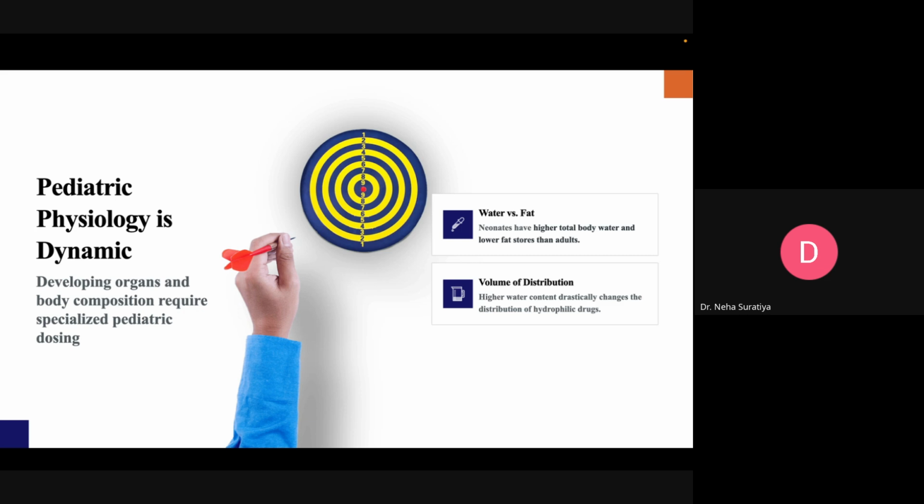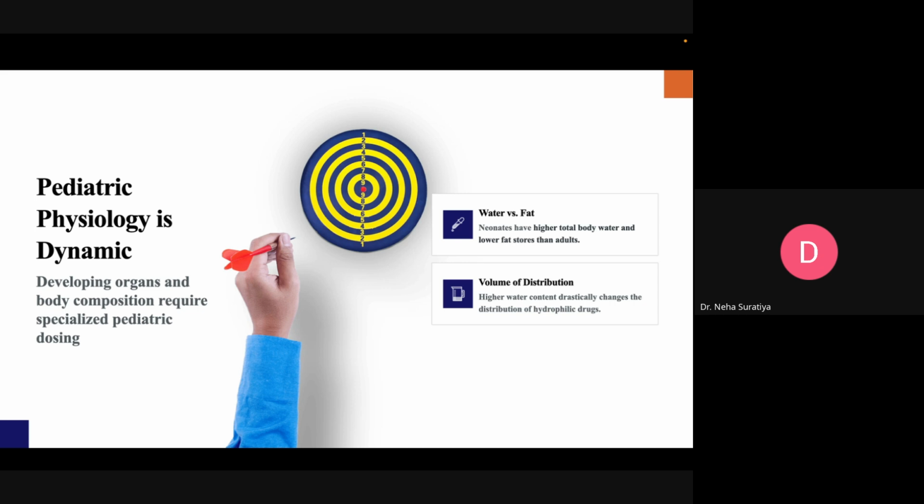So children have dynamic physiology, organs are still in the developing stage, body composition keeps changing, and the dose today may not be correct next month. In this scenario, of course, we need to do a lot of calculation, and that's why pediatric doses must be reviewed frequently and adjusted with growth.